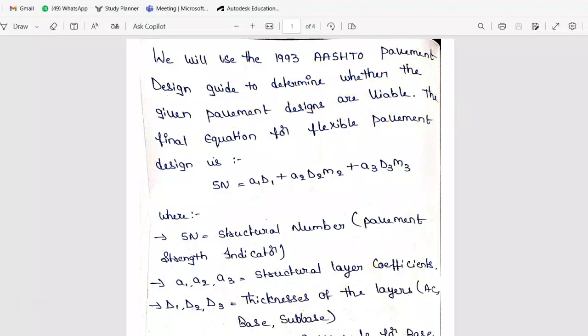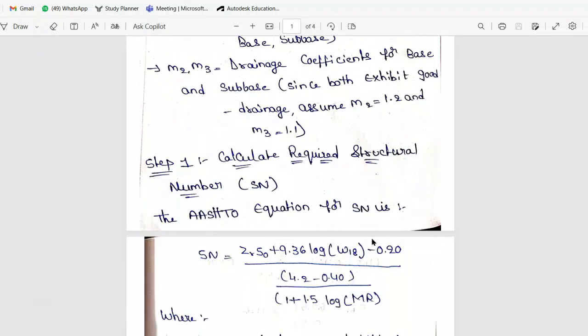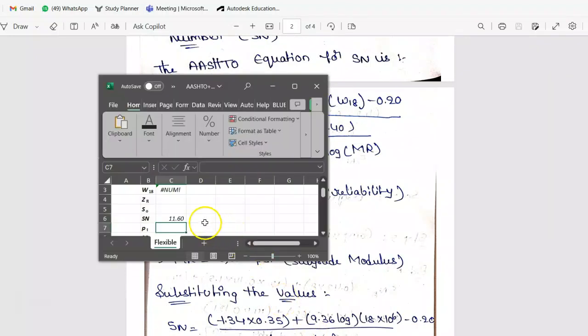As we can see in the Excel, we have all the values. SO equals 0.35, we substitute it here.